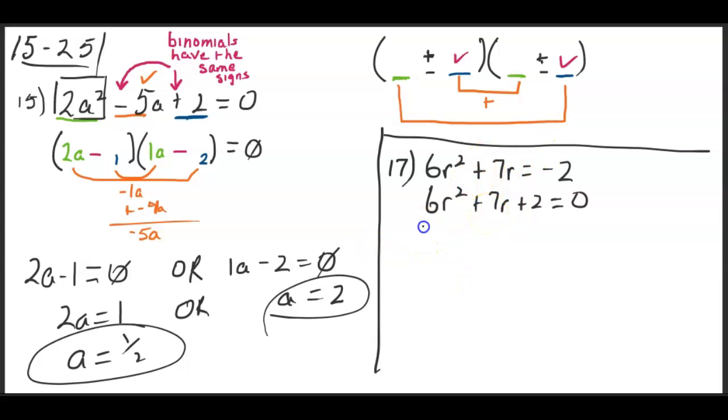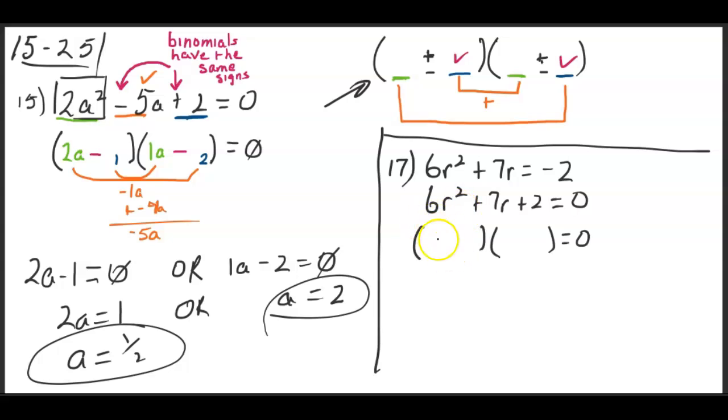So that means I just need to go to my binomials, right? And so remember our pattern of how we get the different terms in the trinomial from multiplying the two binomial factors.